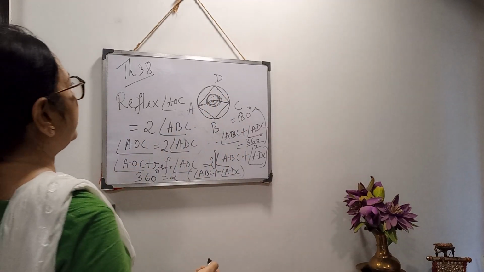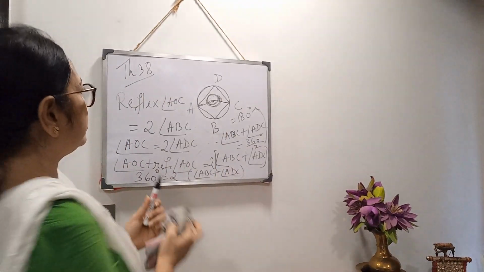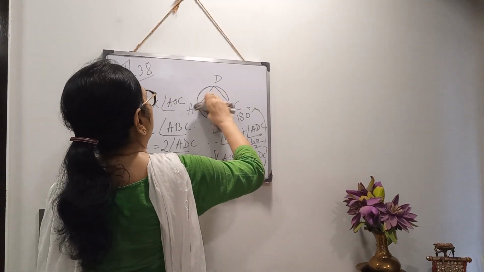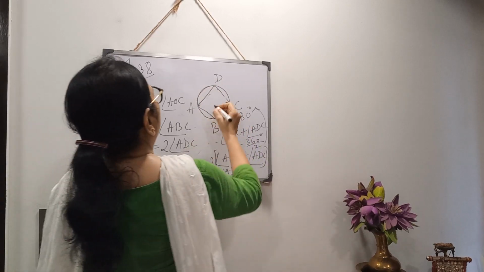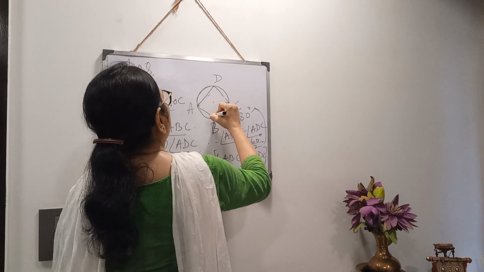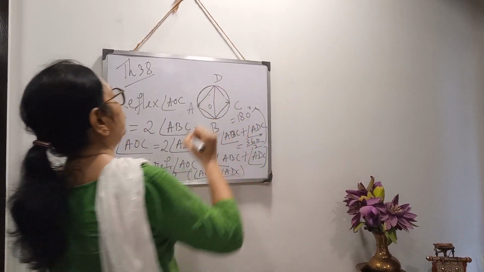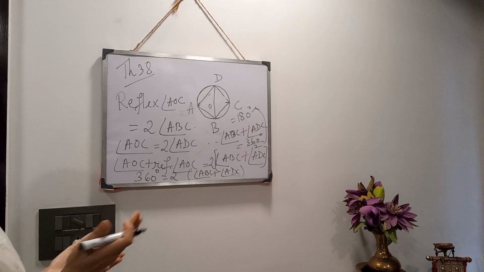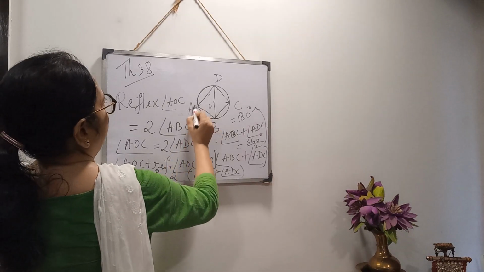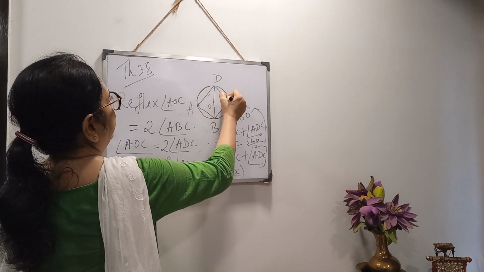In the same way, here we have joined AO and CO. O is the center. Now if we join BO and OD, we can prove in the same way that BAD plus BCD equals 180 degrees.